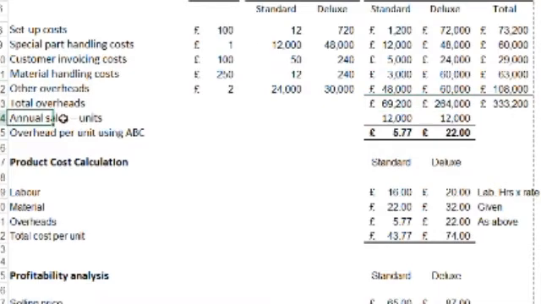Now we bring the annual sales, that is how many units have been produced. So this total overhead divided by the sales figure or the production figure. So we get 5.77 pound for standard and 22 pound for deluxe.